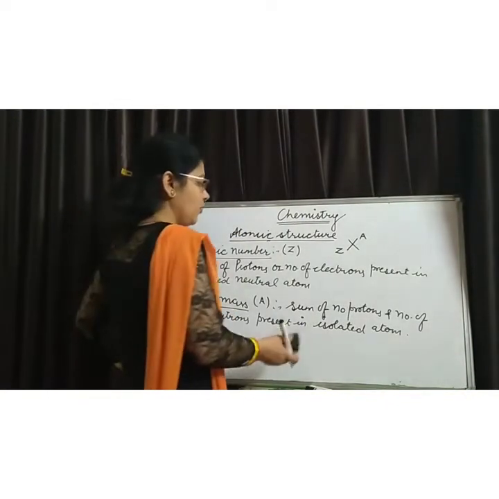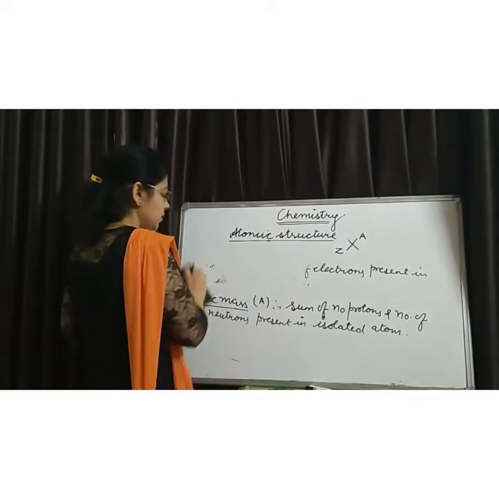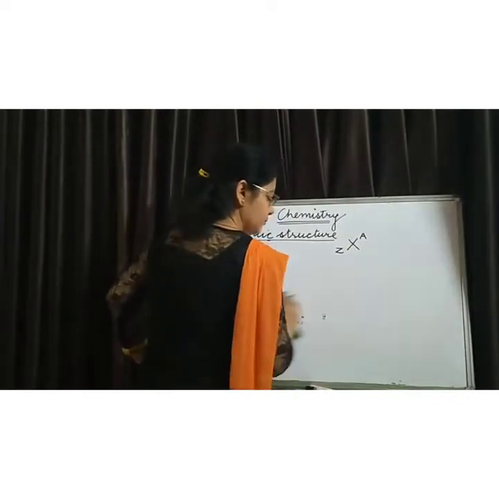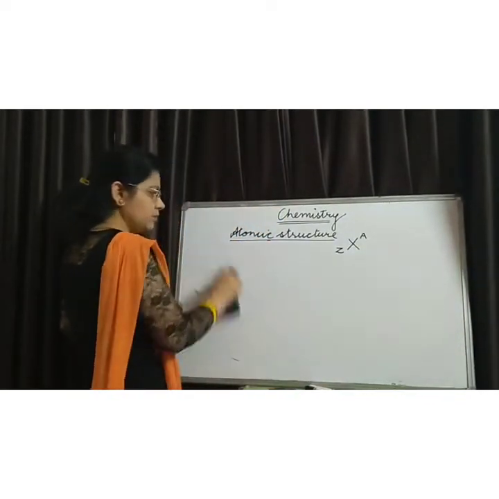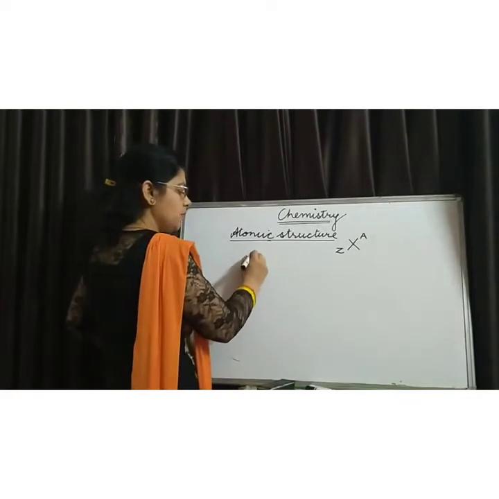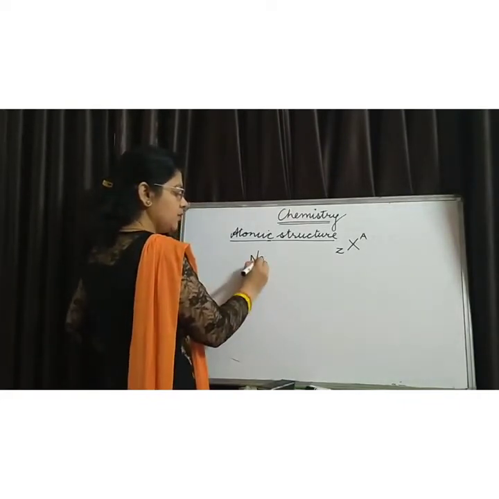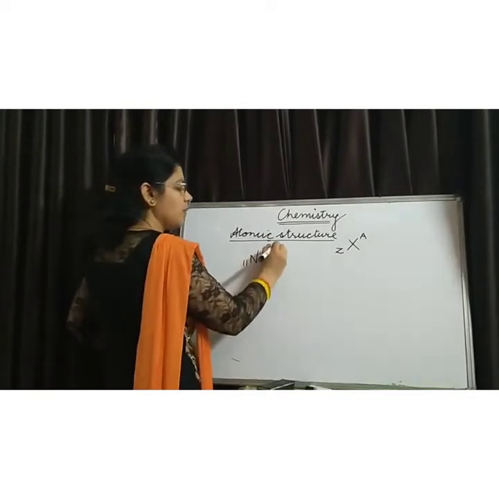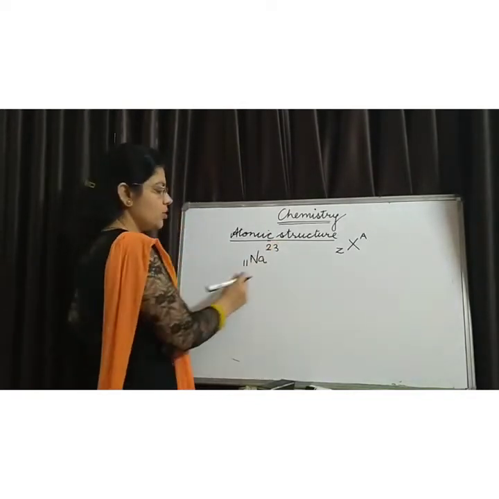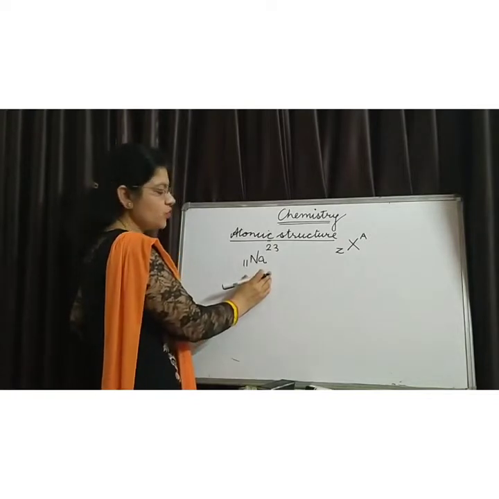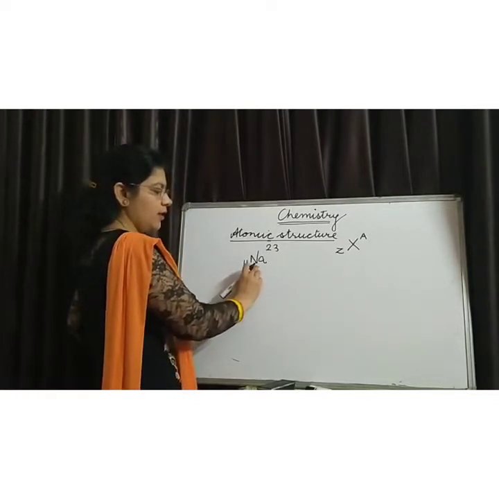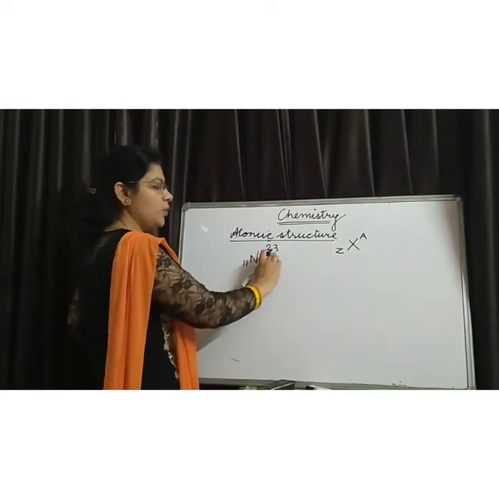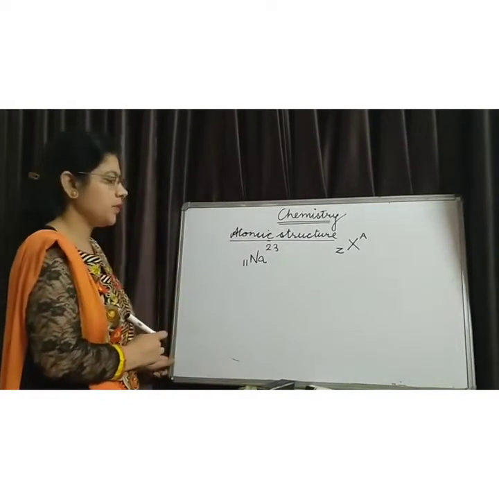For example, how can we represent sodium? The symbol of sodium is Na. Its atomic number is 11 and its mass number is 23. So the symbol of sodium is 11Na23. Here 11 is its atomic number and 23 is its mass number.